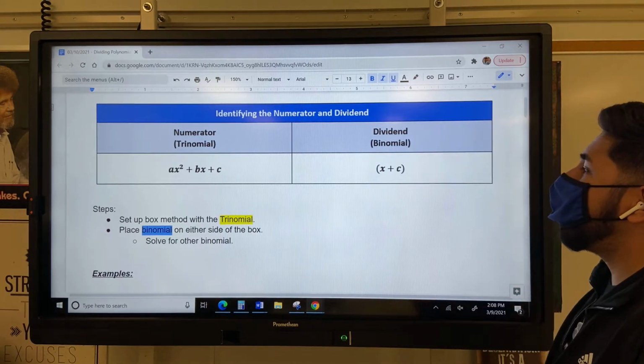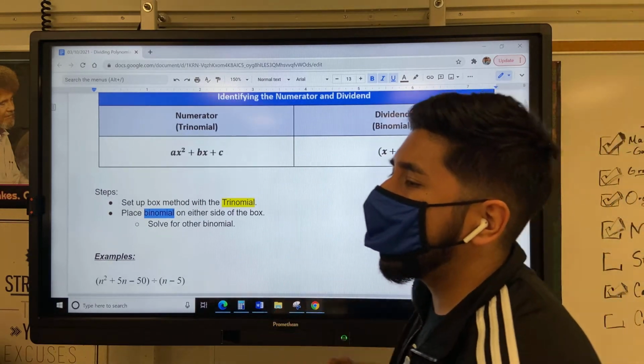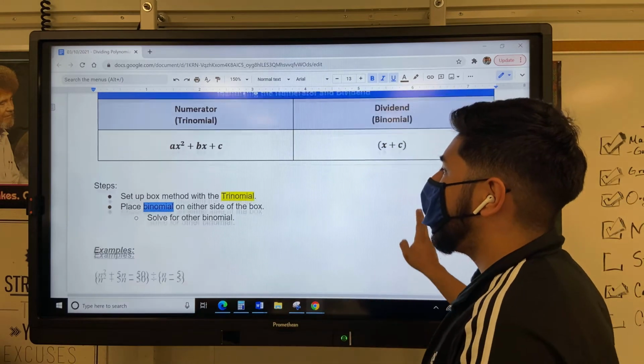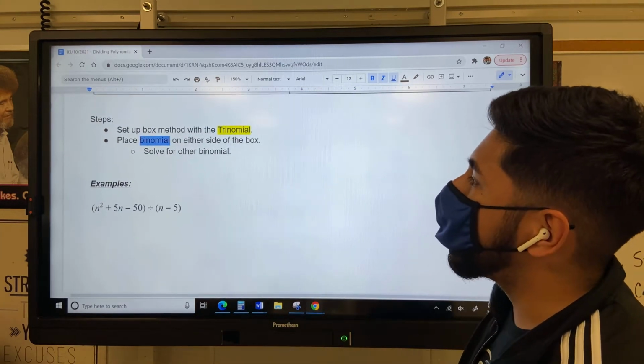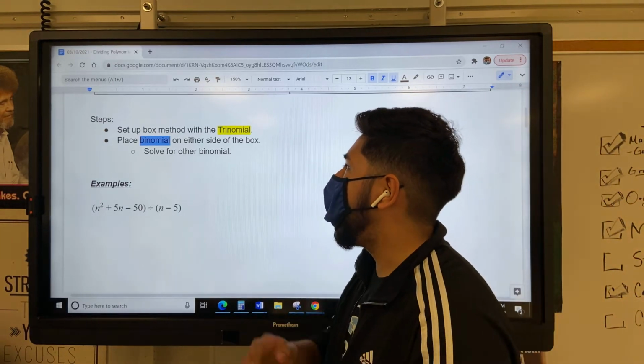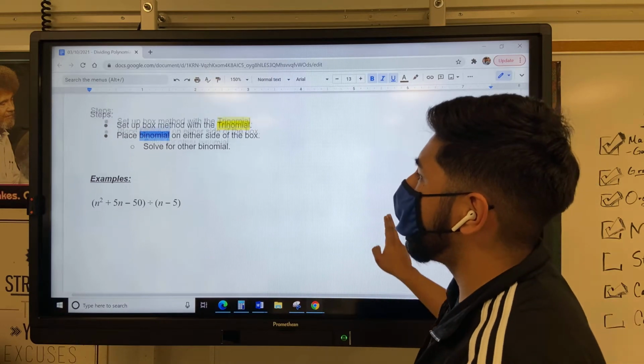The divisor is usually a binomial or something smaller. For this case, we're only going to be using these two because it makes it a little bit easier for you all to understand how to divide this. The two steps: set up the box method with the trinomial given, and then place the binomial on either side of the box, and then solve.